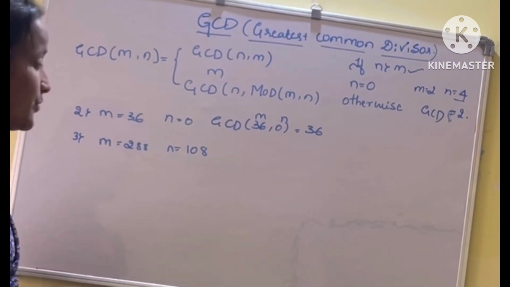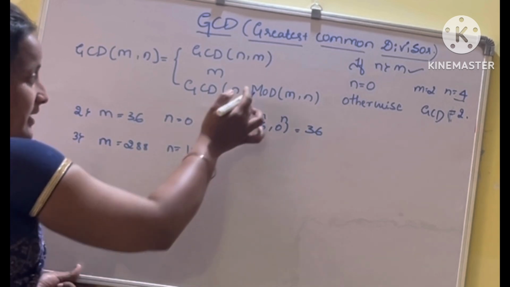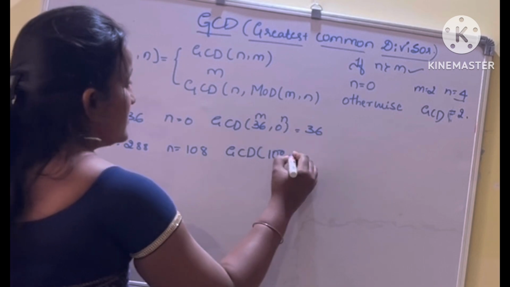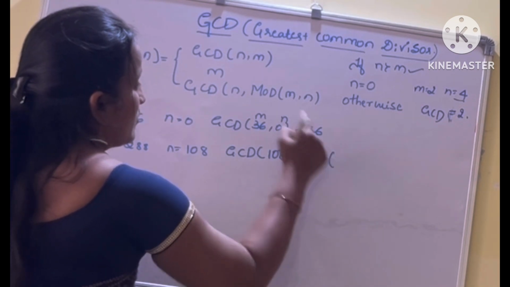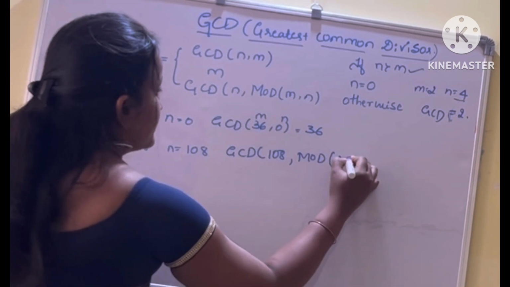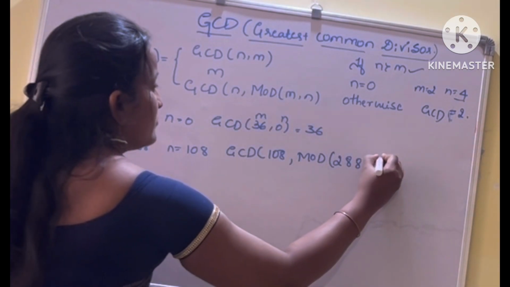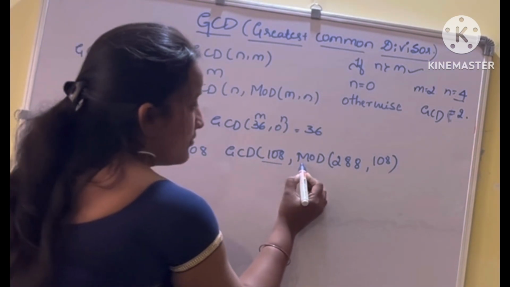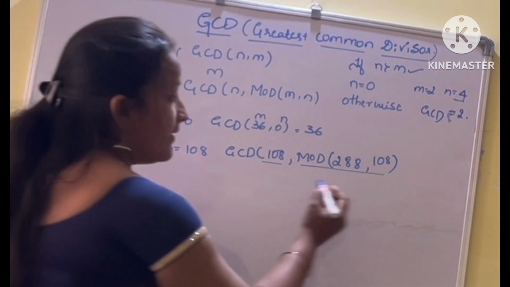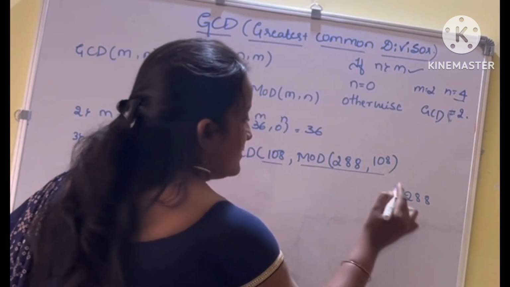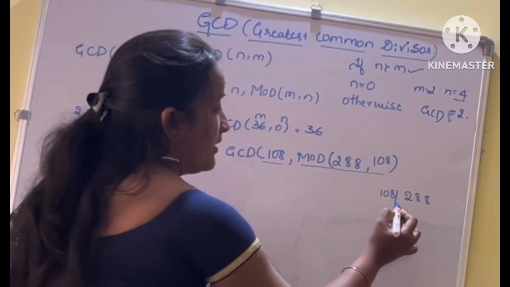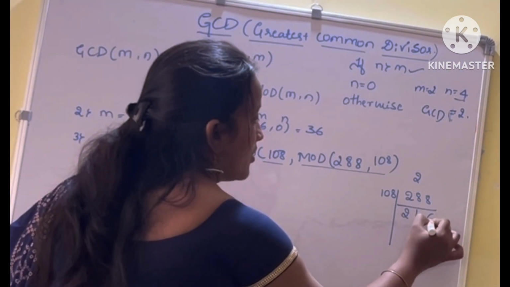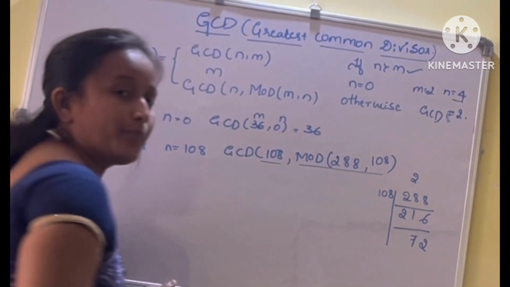So what do we have to do? We have to divide these two numbers. I'll apply the same formula: GCD of n, which is 108, and m mod n, where m is 288 and n is 108. First we have to solve this mod. 288 should be divided by 108. 2 times 108 is 216, and what we got is the remainder 72.